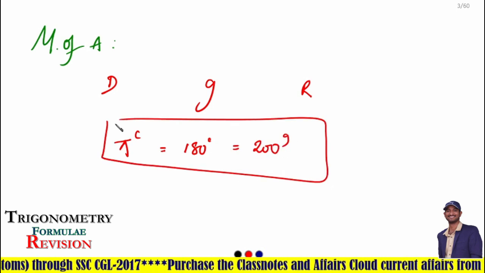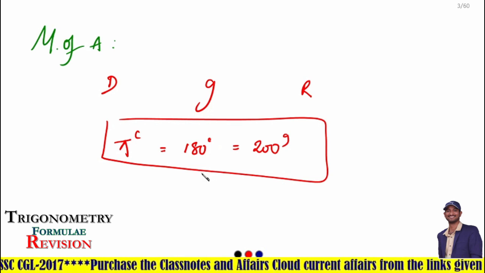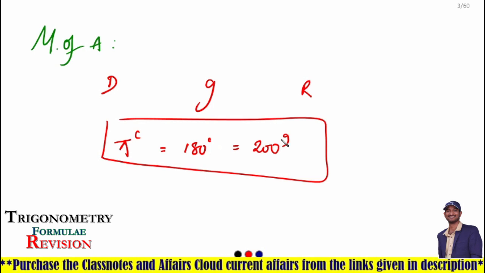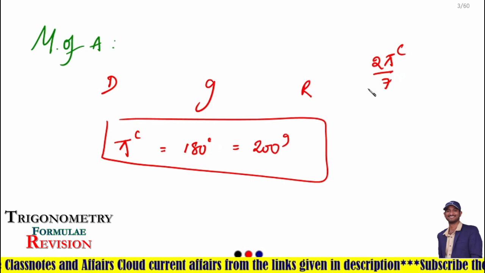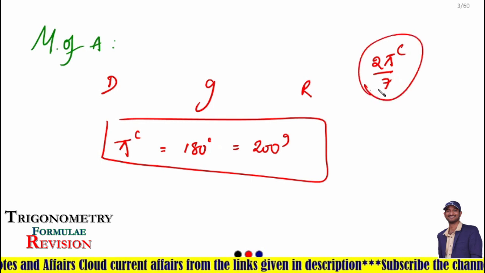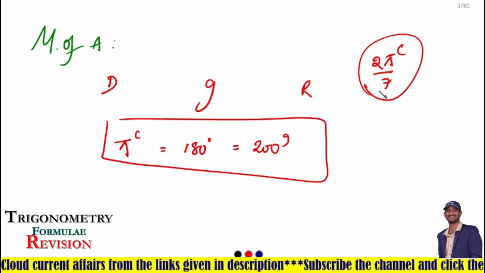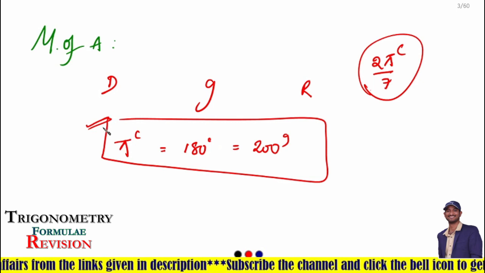With this relation, we will convert one system to another system. Suppose in our exam, it may be in prelims or mains, he may ask to convert 2 pi by 7 radians into degrees or into grades. Is it clear? So please remember this relation.